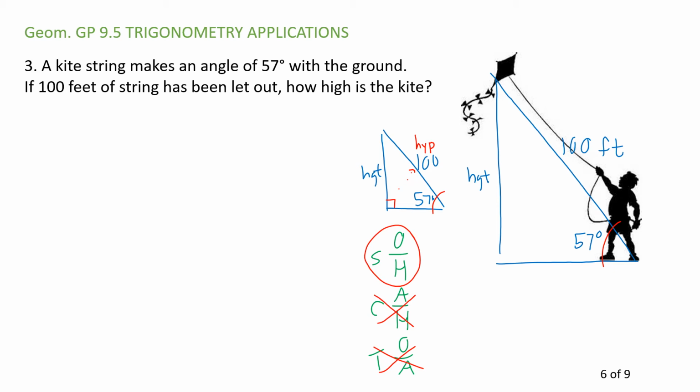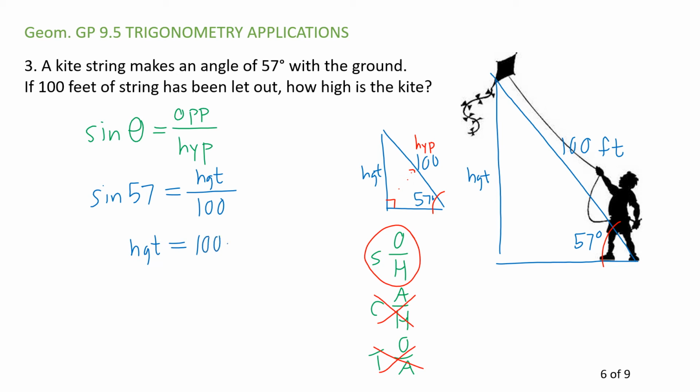So I'm going to use the sine of this angle is equal to the measure of the opposite, which is actually what I want to find, over the measure of the hypotenuse, which I already know. So the sine of 57, which is just a number, is equal to opposite, which I'm trying to find, over hypotenuse, which I know. There's the formula. Whenever the variable is on the top, you multiply.